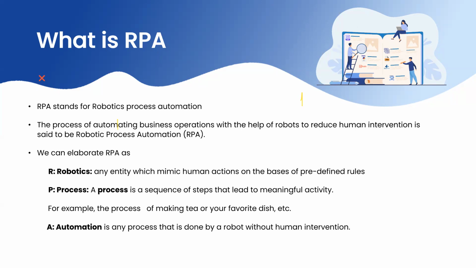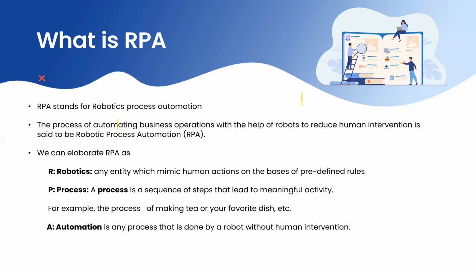Now comes the next word, that is a process. What is a process? A process is a sequence of steps or tasks that lead to a meaningful activity. Say, the process of making tea means every task will be sequential.